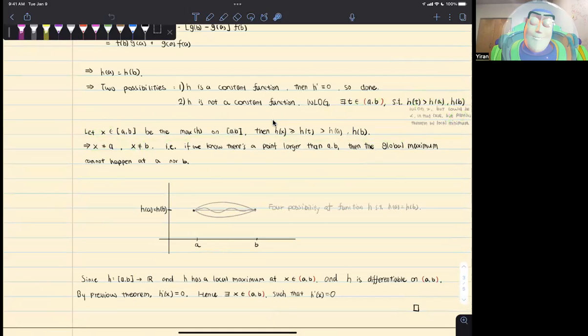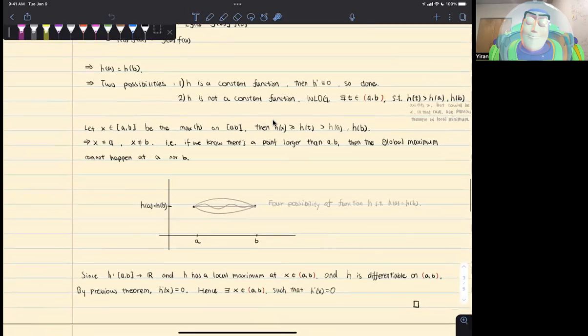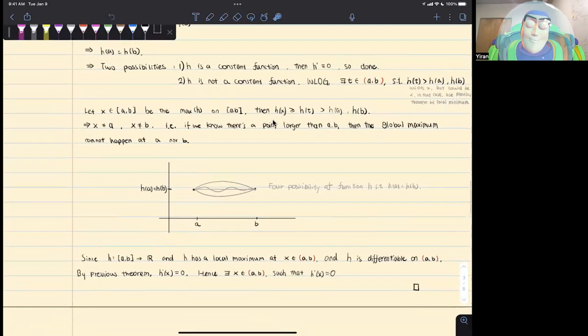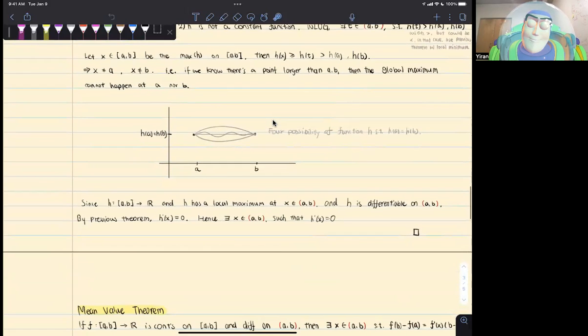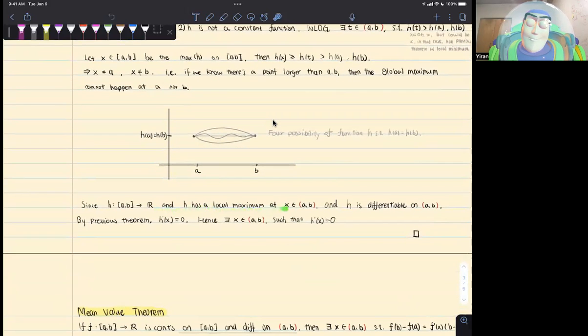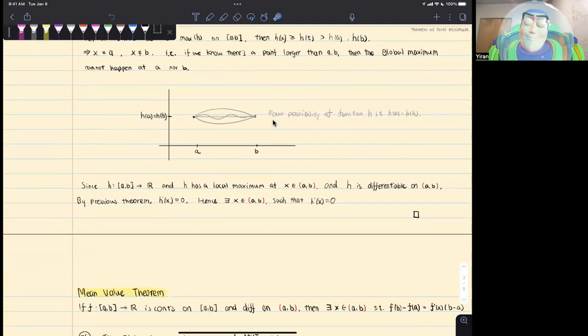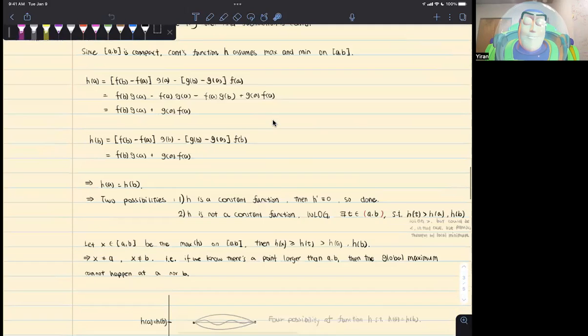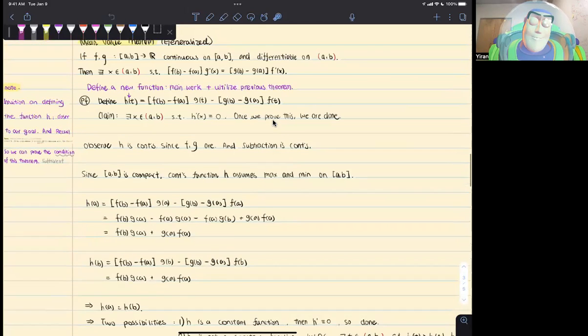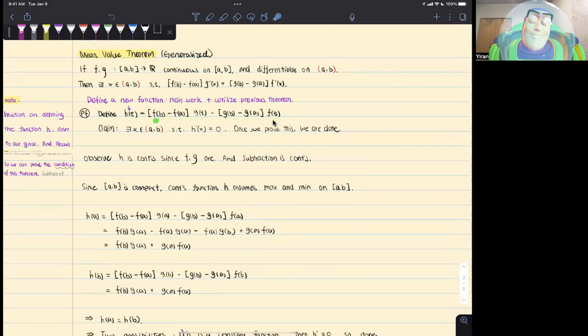Okay, so we know x must be in the open interval AB, and then the first condition of the theorem on the last page is satisfied, and h is also differentiable on the open interval AB. This is just because the function h is defined in this way, where each component is differentiable on the open interval AB.